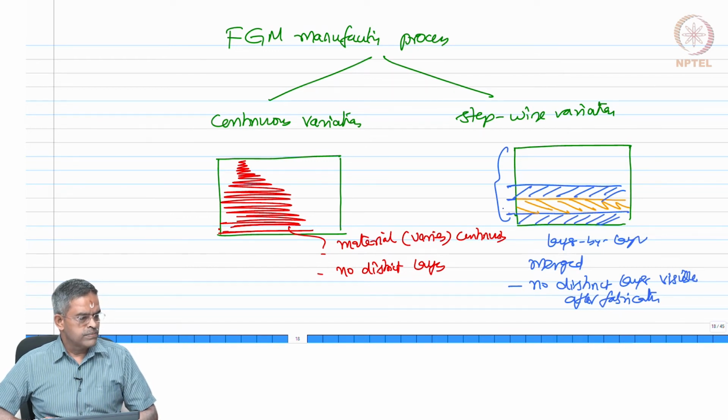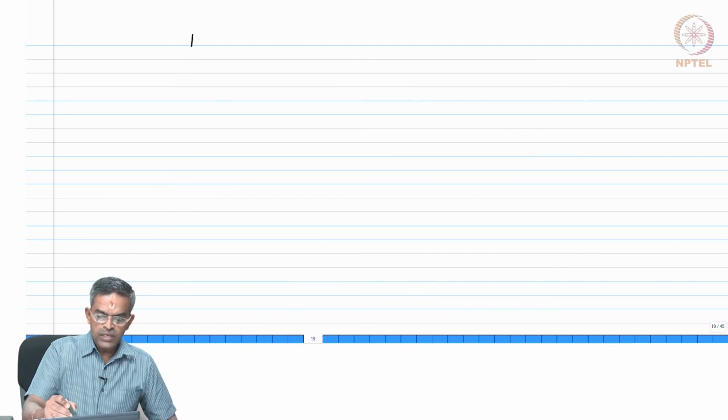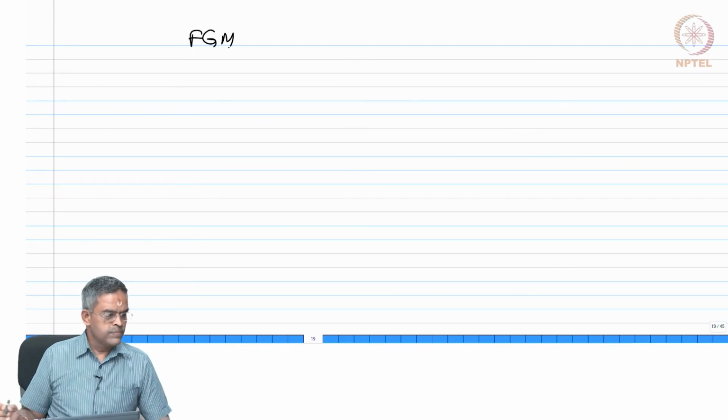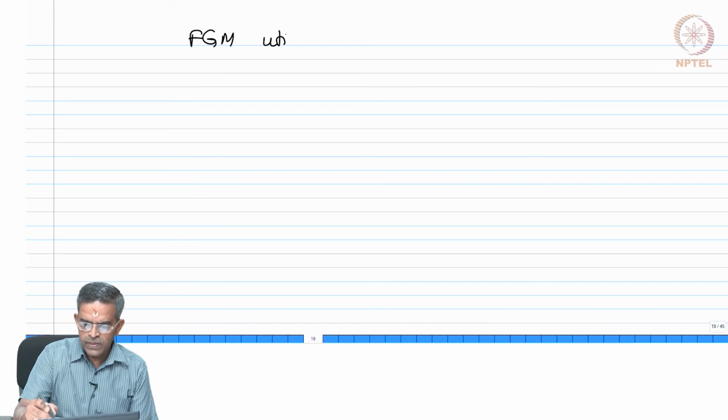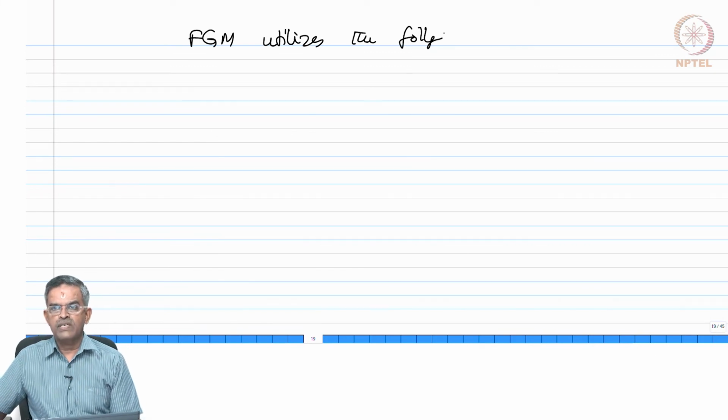Now, FGM utilizes the following. What is the advantage if you manufacture FGM?